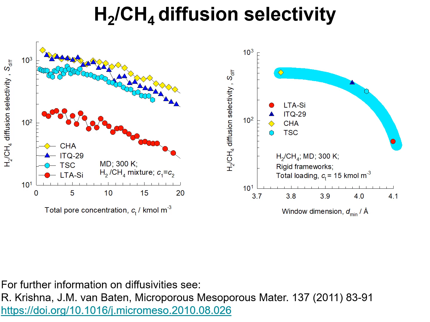This slide summarizes the MD data on hydrogen methane diffusion selectivities in 4 different cage type zeolites. The MD data for the diffusion selectivities at a loading of 15 kilomoles per cubic meter are plotted against the window dimensions in this graph.